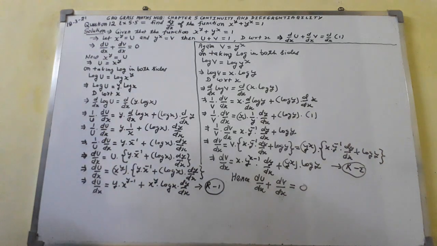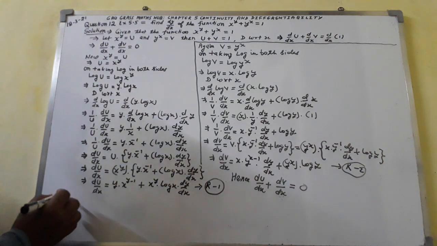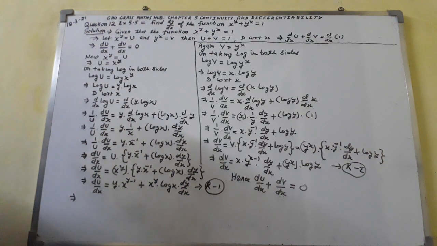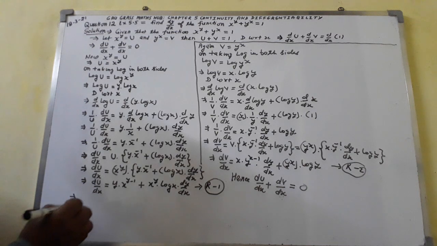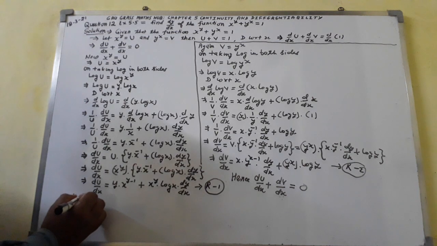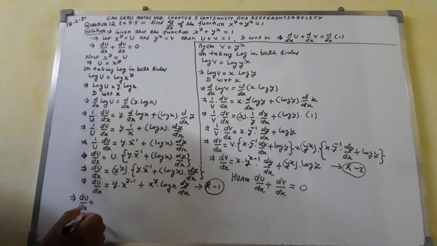So we get du over dx plus dv over dx equal to 0.